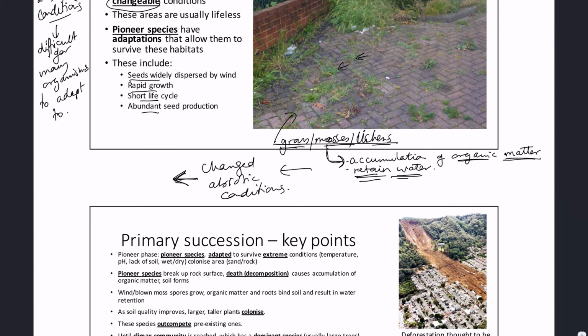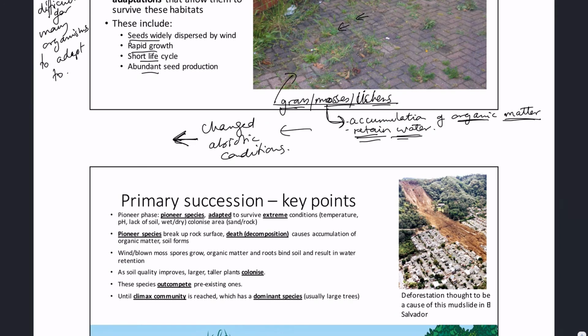That's what happens, the pioneer species change the conditions until you get a little bit of soil. And then you start to get mosses and grasses and a bit more taller plants, and they come in. Because of their roots, the roots bind the soil and further improve the water retention, because otherwise the water just goes through, right?